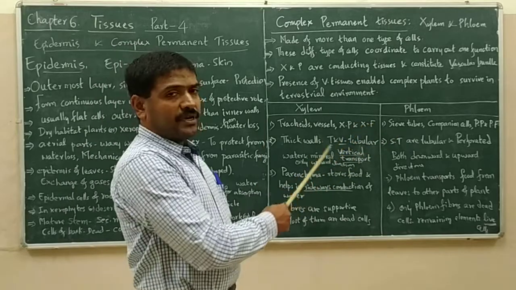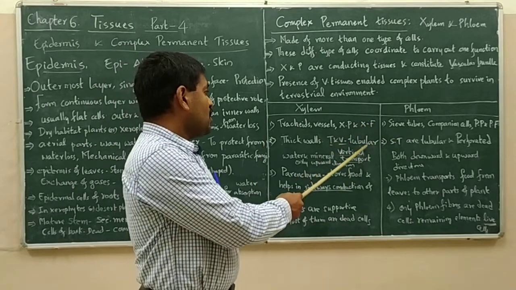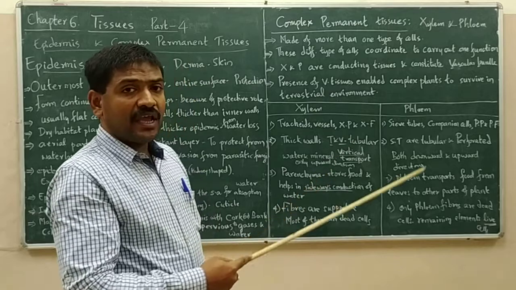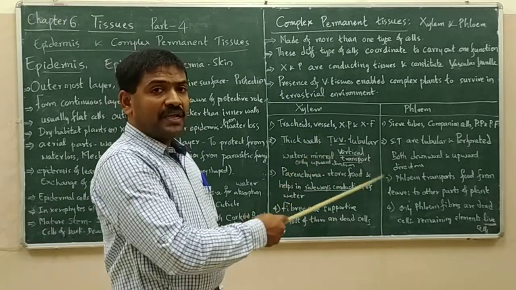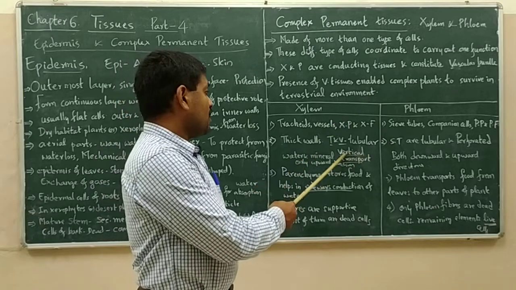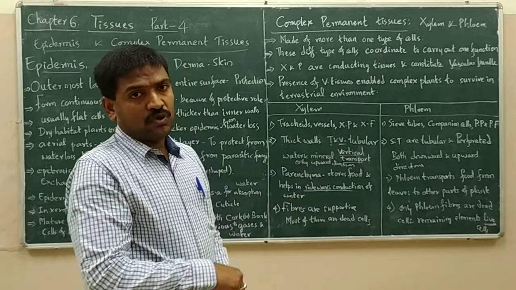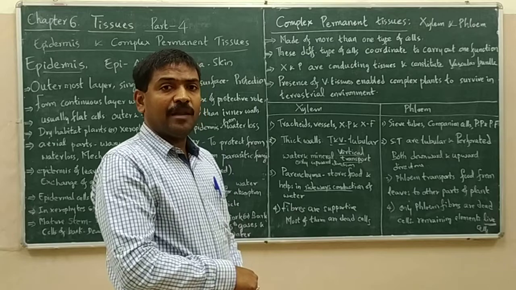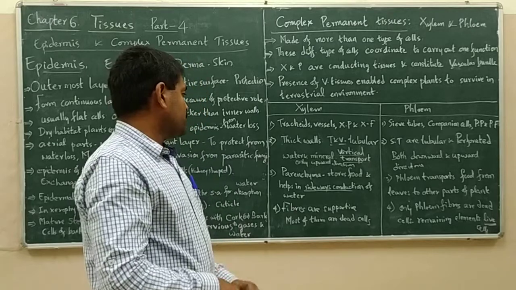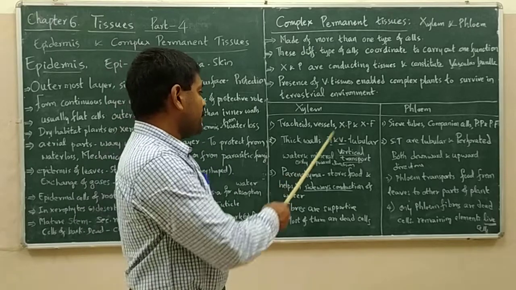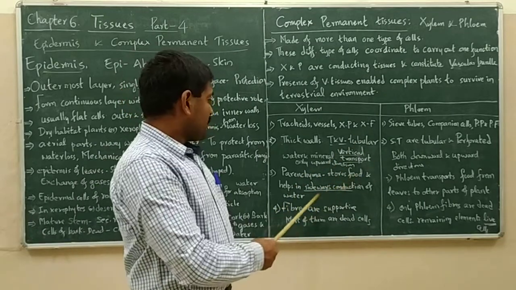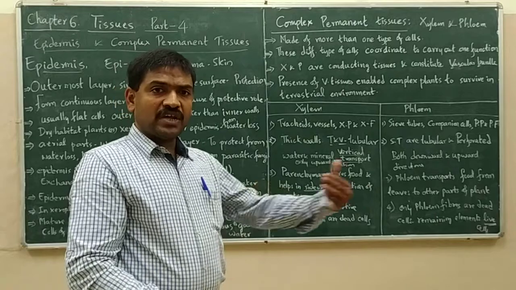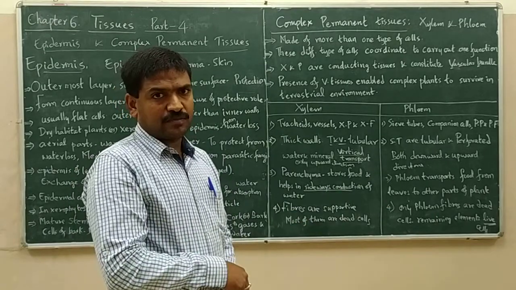Among these four elements, tracheids and vessels are the tubular elements, and they carry out water and mineral transport only in upward or vertical directions. The functions of xylem parenchyma are storing food and helping in sideward transport.